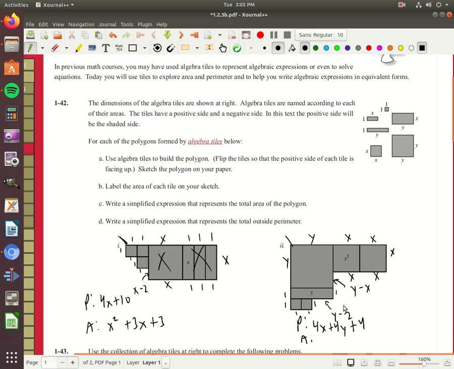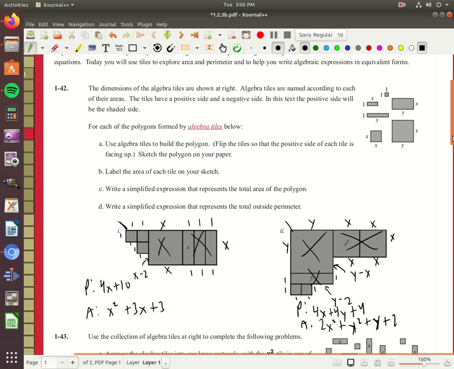So that becomes my perimeter. And my area, again, I have 2x squareds. I have 1y squared. I have 1y. And then I have plus 2. So it's going to look something like that.